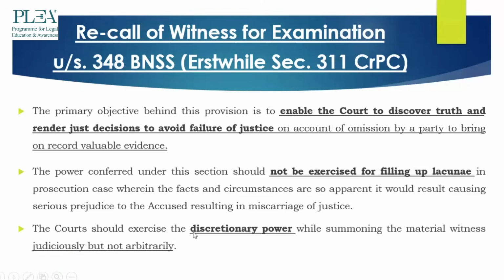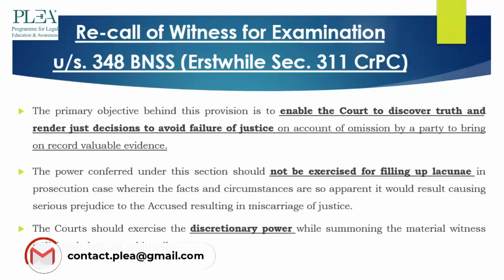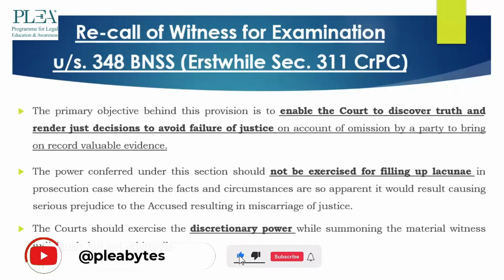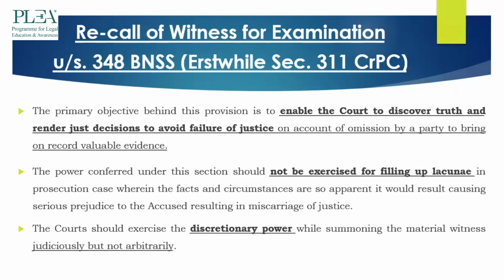Now, this power is discretionary in nature and it is not mandatory on the court to allow such an application as a matter of rule. When this application is allowed, a detailed order is passed, because summoning of any witness has to be done judiciously and not in an arbitrary manner.